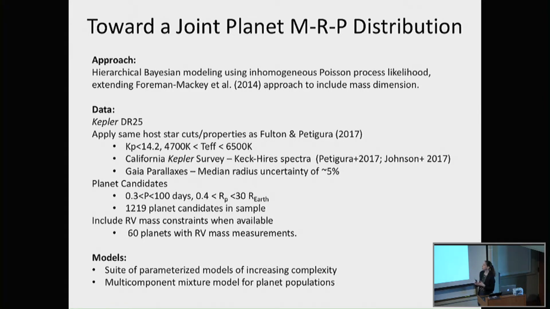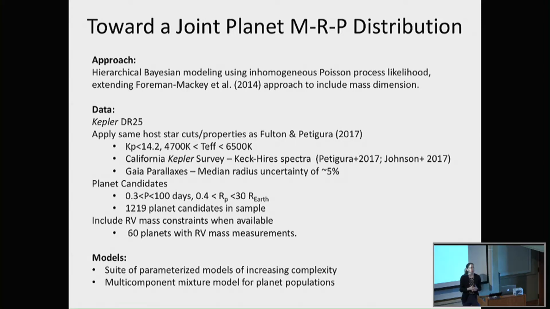Now, the sample of planets that we're using in this effort is a sample of Kepler transiting planet candidates with radial velocity follow-up. That's the sample that all the results I'm going to be presenting today are based on. We're using essentially the same host star properties and cuts as Fulton and Petigura.